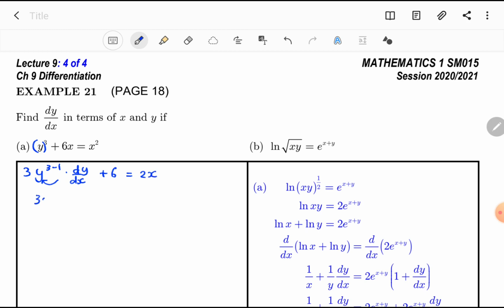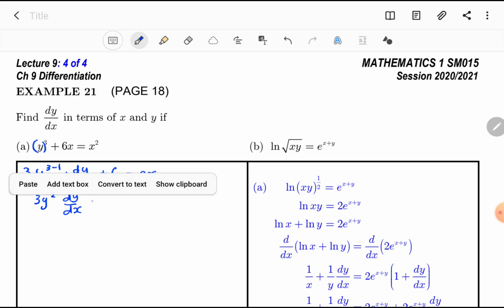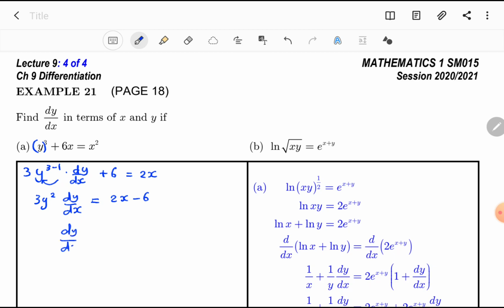So we have 3y squared dy dx equals 2x minus 6, or dy dx equals 2x minus 6 over 3y squared.